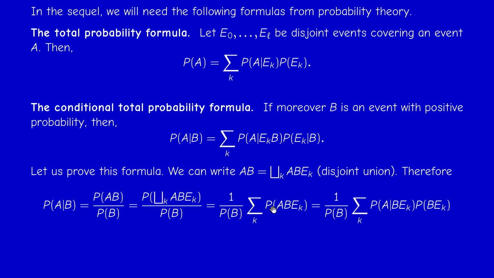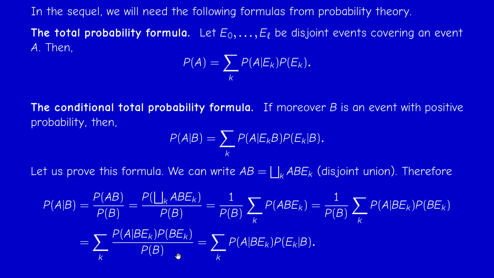So now once again, I go back to the definition of the conditional probability. P of A given B, EK is P of A, B, EK divided by P of B, EK. Okay, and now I put everything inside one sum. And now P of B, EK over P of B, you notice that this is by definition the probability of EK given B. And that's it.